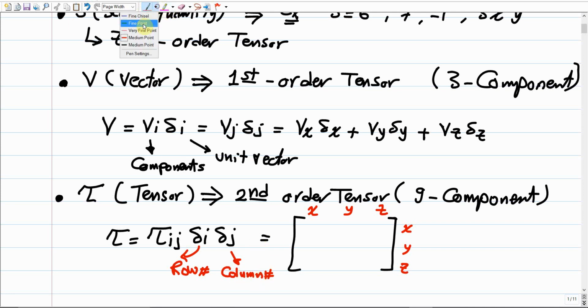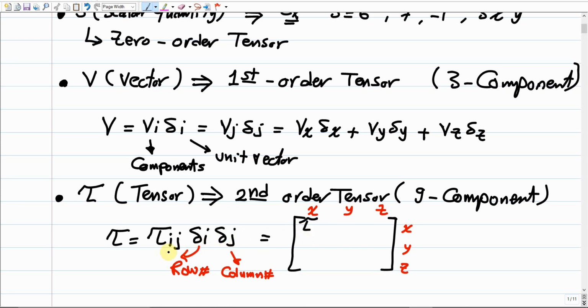It means that if I'm seeking the component that is located at row number x and the column x as well, so I'm talking about this component, and in this case I is going to take x, j is going to take x.